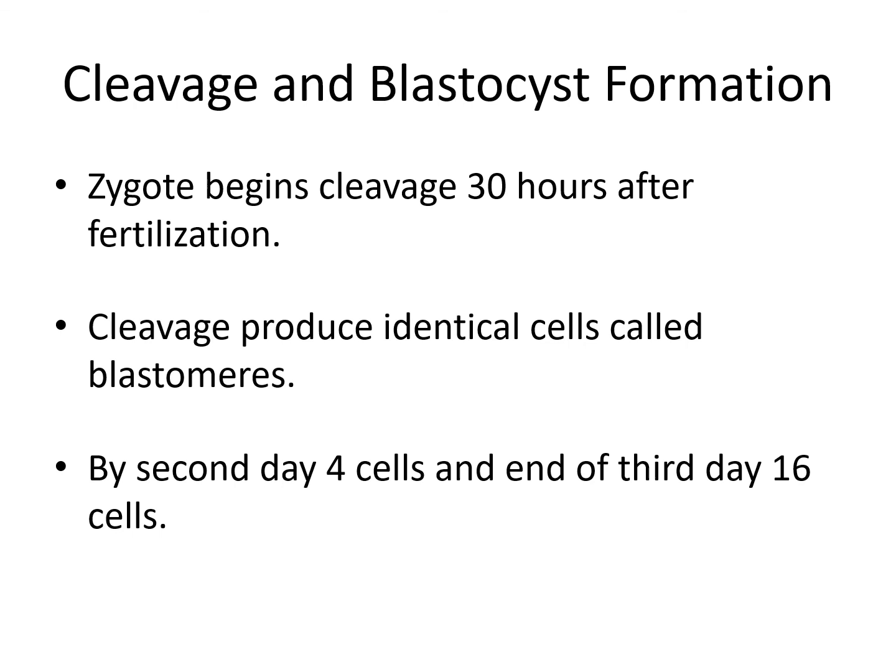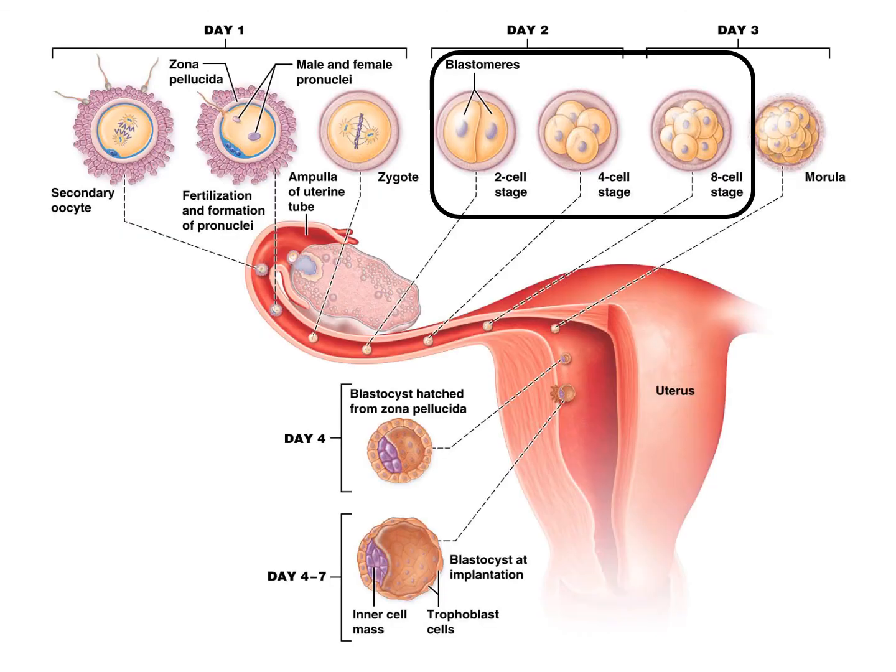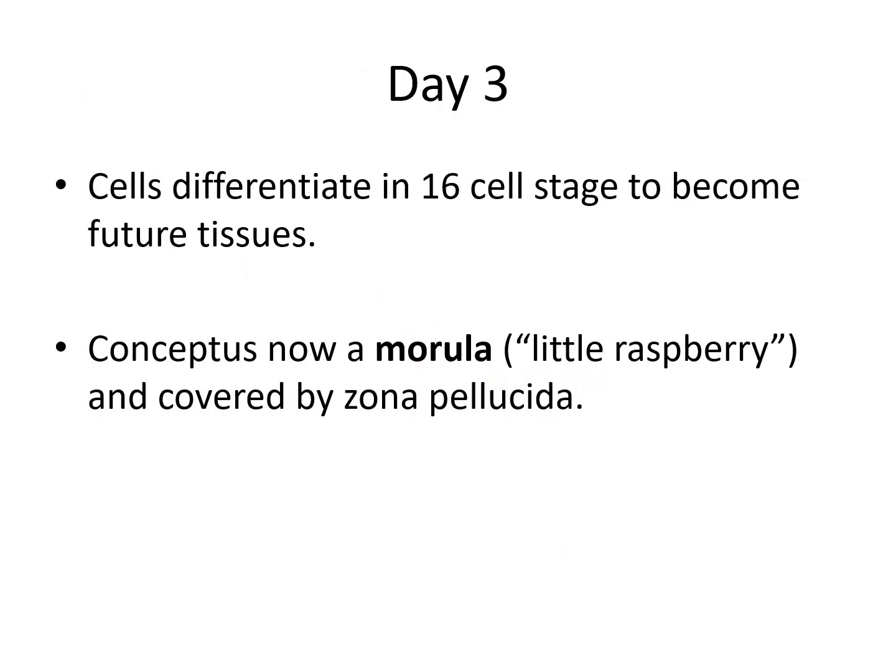By the second day, 4 cells, and by the third day, 8 cells, and then it forms a 16 cell stage, which is now called a morula. A morula means little raspberry.